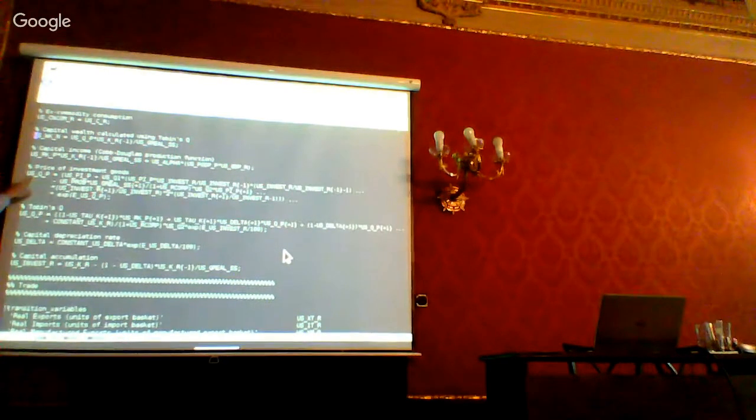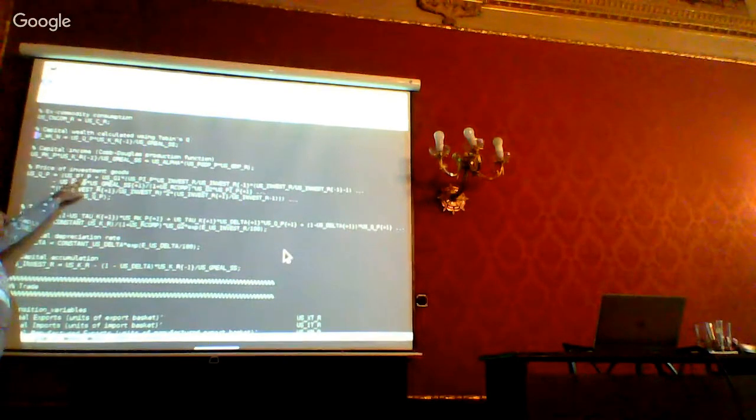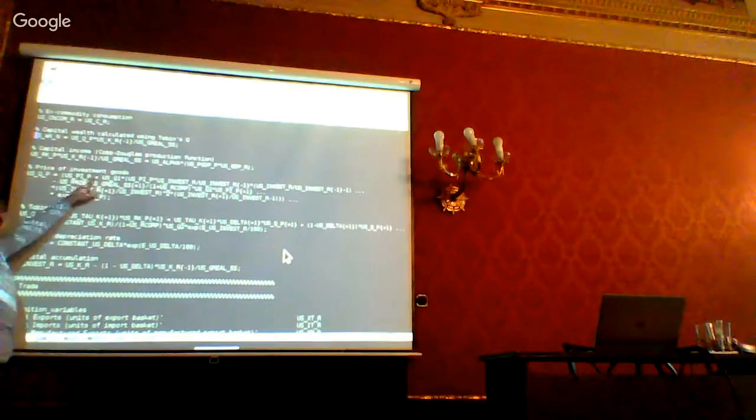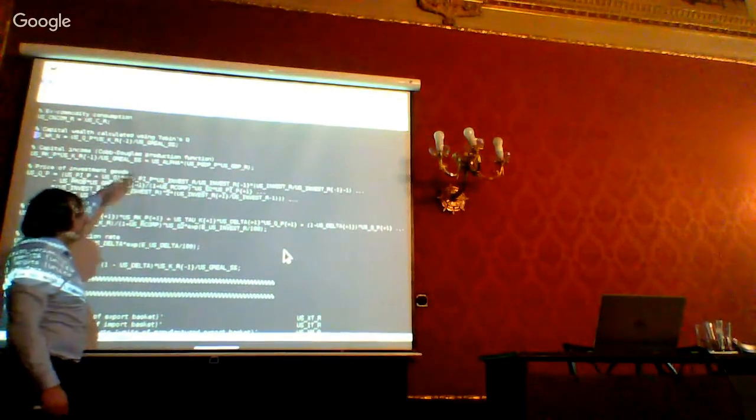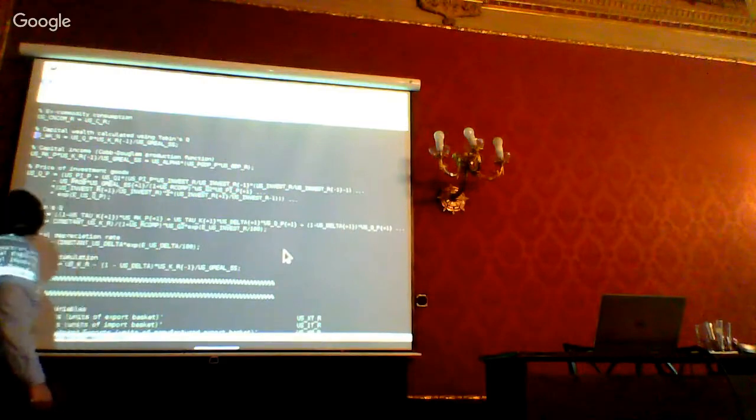Here is the equation saying that the Tobin's Q is basically equal to the investment deflator plus something which depends on the adjustment costs.